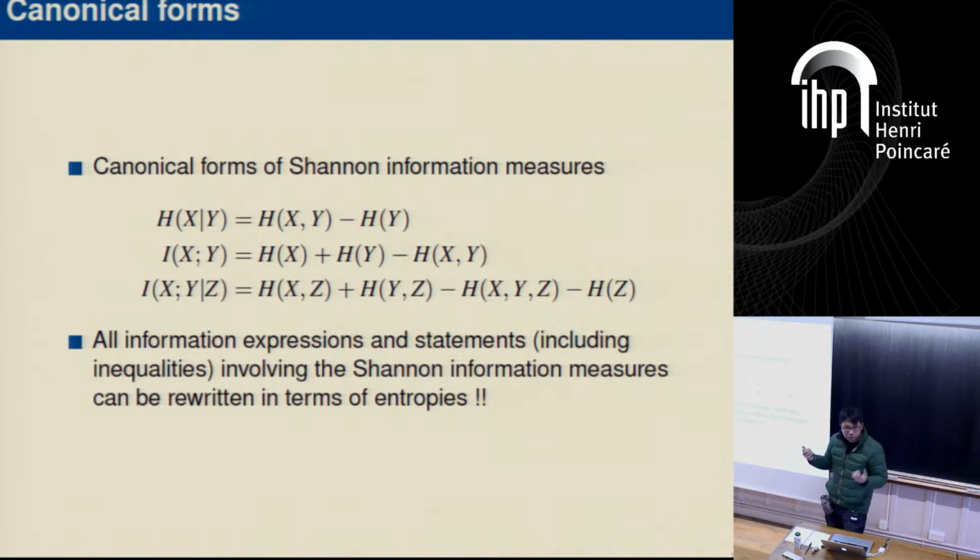That is a good thing to know, because from now on you can forget about mutual information and conditional mutual information and focus only on the entropies. For example, if I'm interested in an information inequality relating these different quantities, I can always turn the inequality into one involving only the joint entropies. That's a good thing to have.